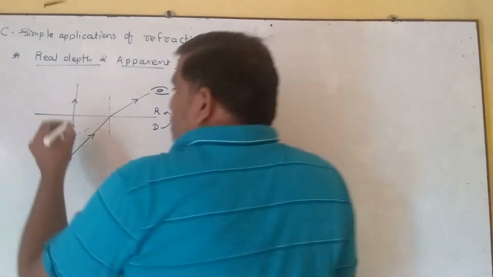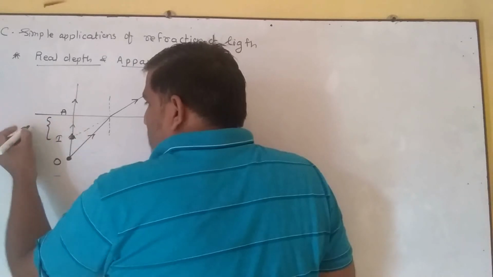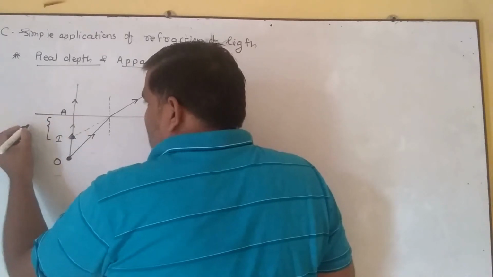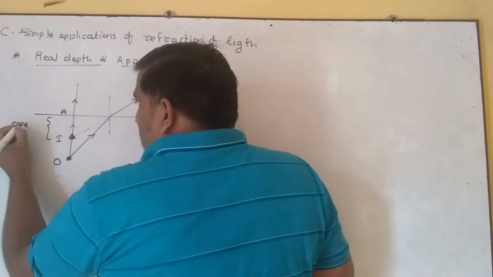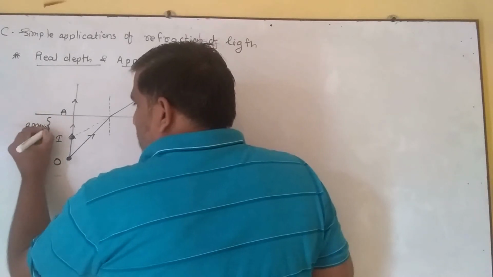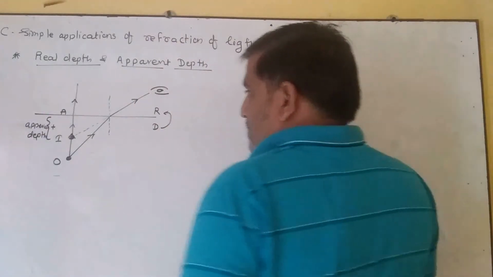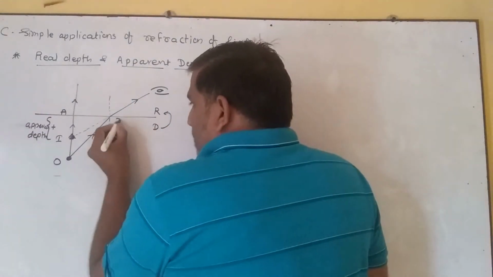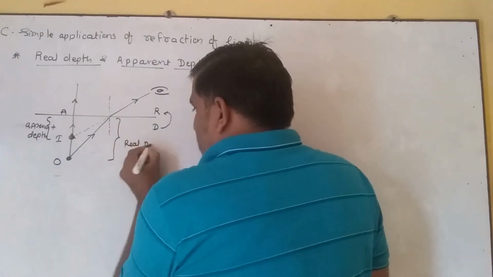So this depth, say this is A and this is I, this AI is known as apparent depth. And actually the object is at this depth, so this is known as the real depth.